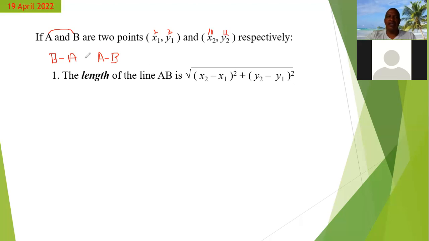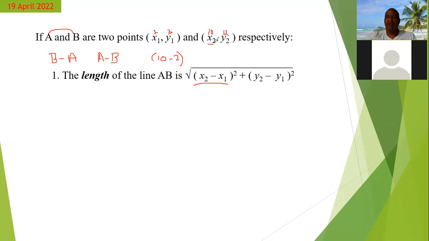All right, now if you take away the points of A from B, you would start off with the B coordinates first. So you would have 10, and this is for the X value now. So you have the X coordinate 10 minus the X coordinate 2. And so that would account for this.